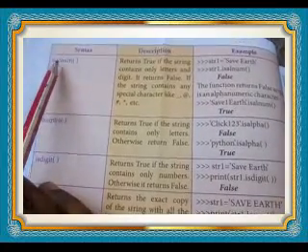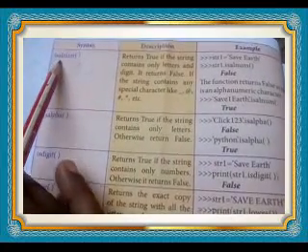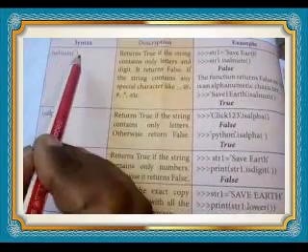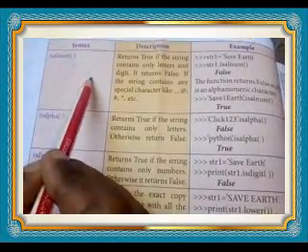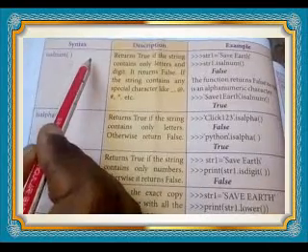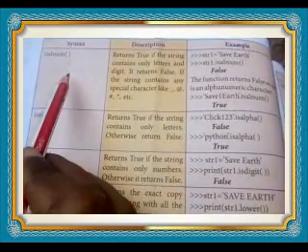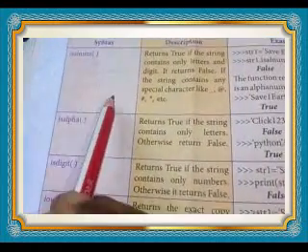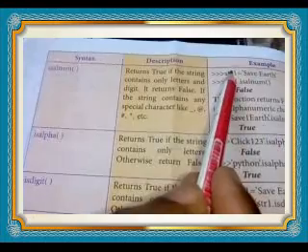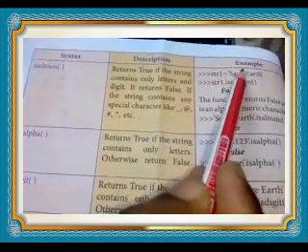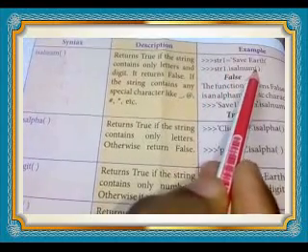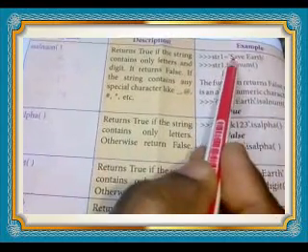Next function is isalnum. This function is used to check whether the given string has only alphabets or numbers. If it is alphabet or number, it returns true. Otherwise it returns false. See here one example. str1 equal to save space earth. str1 dot isalnum. str1 means this string.